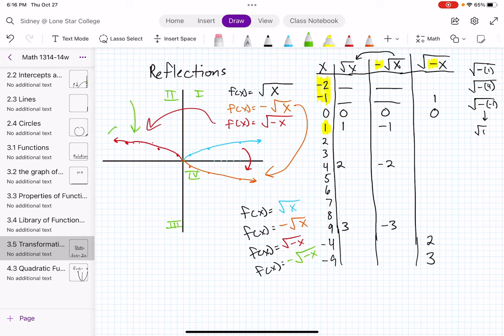It would flip it over the x-axis. It is possible to have a reflection over the y-axis and then again over the x-axis. And so you can have both simultaneously. And what you have is a lot of reflections. So you can have a reflection over the y-axis, a reflection over the x-axis, and a reflection over both axes, as in the case of this green one.